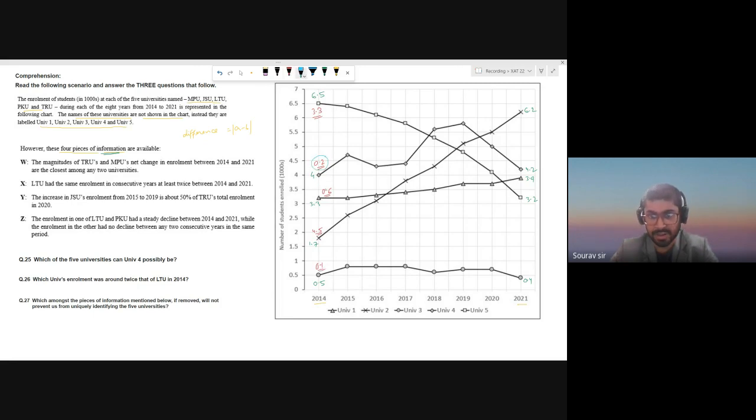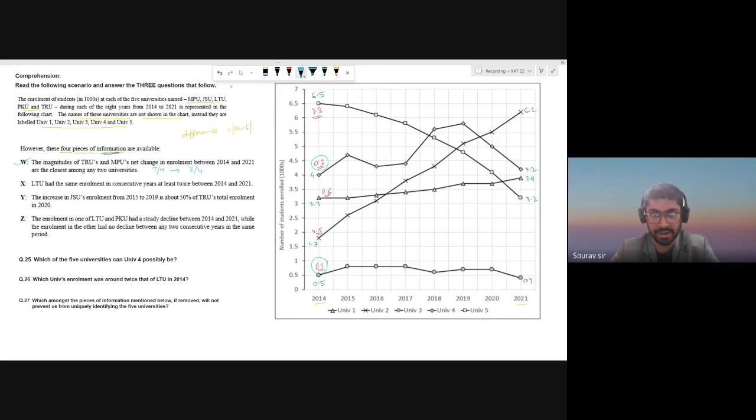This one and this one. So what is the diamond one? The diamond one is university 4 and the circle is university 3. So TRU and MPU are among the universities 3 and 4. This is the information we can infer from point W.